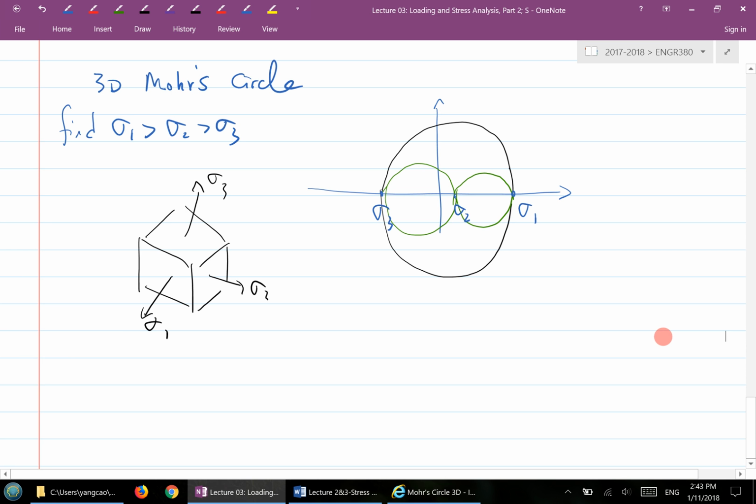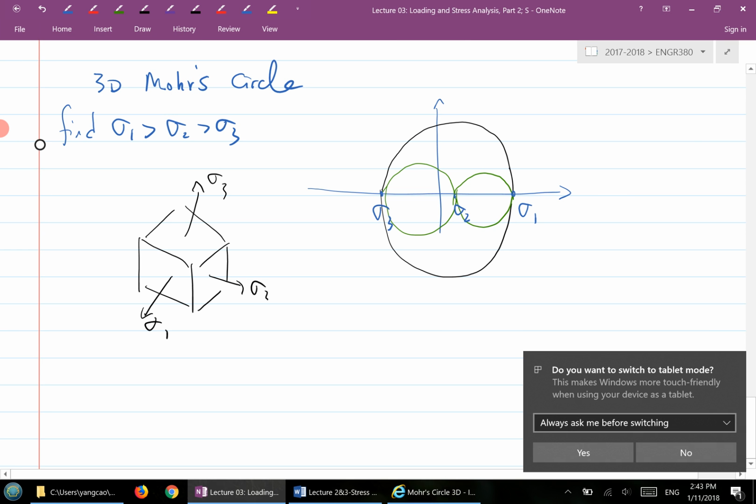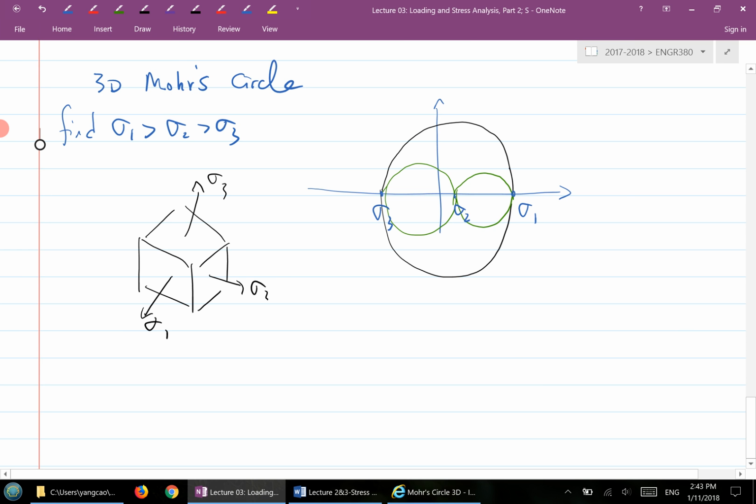So the idea is basically the observation of the change of state of stress whenever you rotate about a certain axis. This is essentially the very basics of what a 3D stress is and what Mohr's circles are associated with a 3D state of stress.